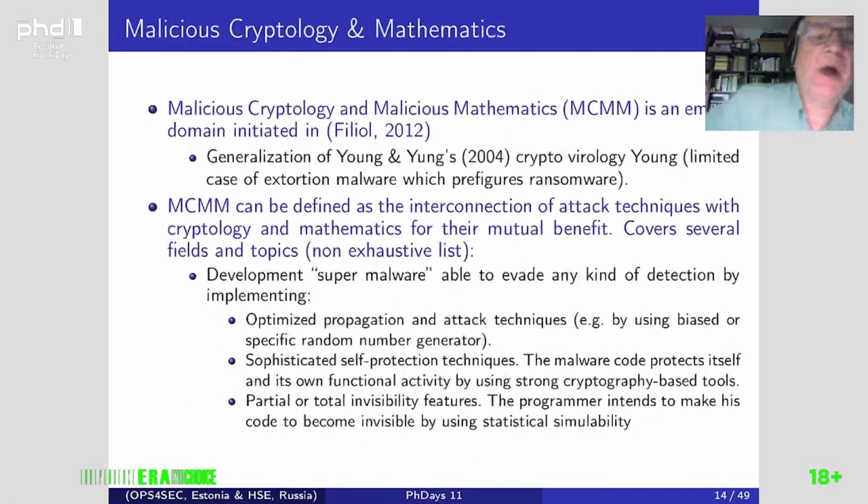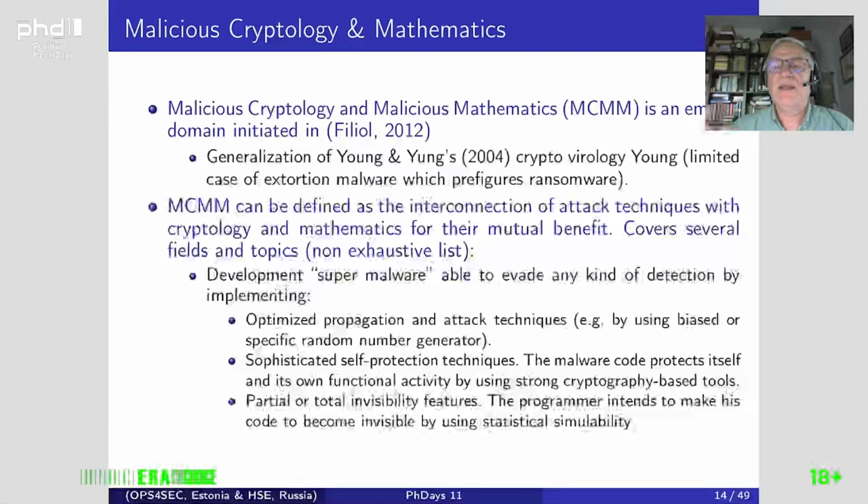This is the reason why it is necessary to consider more sophisticated techniques, and I will consider malicious cryptography and malicious mathematics. It is an emerging field that I created in 2012, coming from Young and Yung's cryptovirology, but that was very limited because they only considered the case of extortion malware, which was a prefiguration of ransomware.